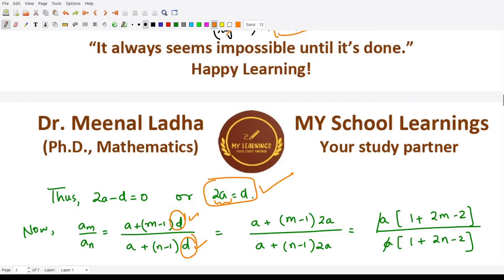So you can take a common from both terms, in the numerator as well as in the denominator. In the numerator we are left with 1 plus (m minus 1) into 2, so 1 plus 2m minus 2. Similarly, in the denominator we are left with 1 plus (n minus 1) into 2, so 1 plus 2n minus 2.